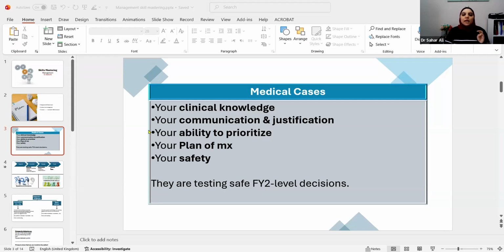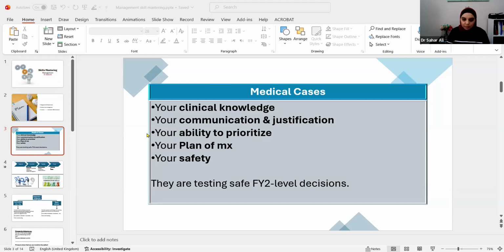What else? Your ability to prioritize things. Prioritization. What does that mean? Well, you have to know that there are things that you have to do now immediately, and there are things that you can talk about later.